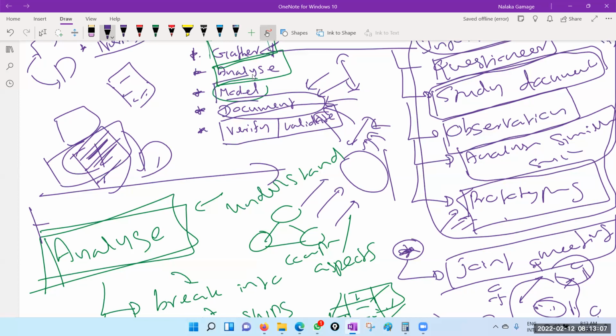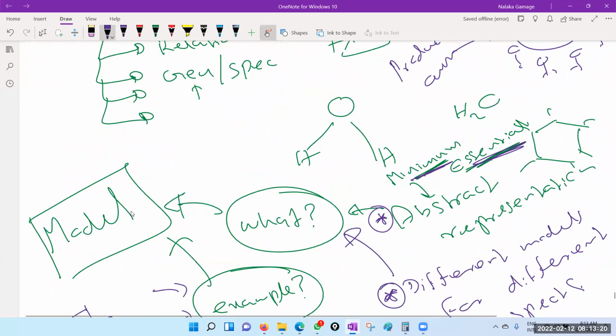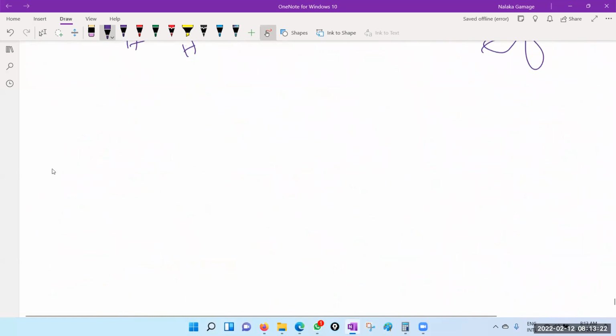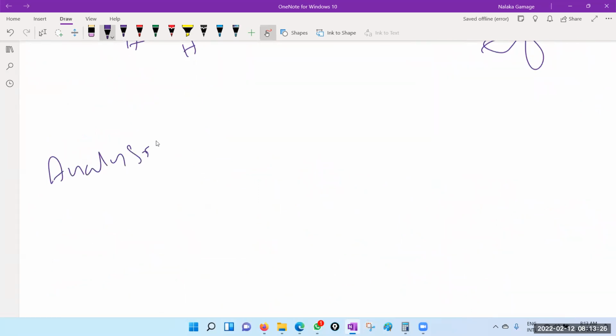Now we are going to discuss this modeling a little bit more related to analysis. What are the analysis models we have? Remember, we can do analysis in two ways, depending on whether we are going for structured software development or object-oriented software development.